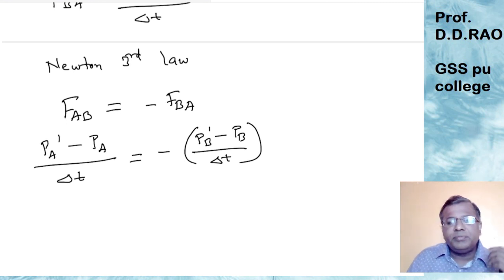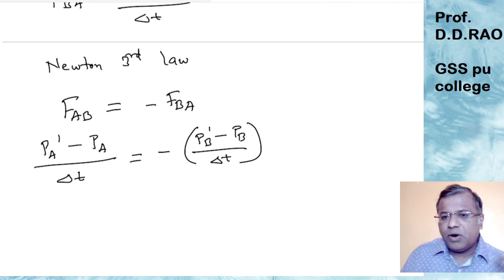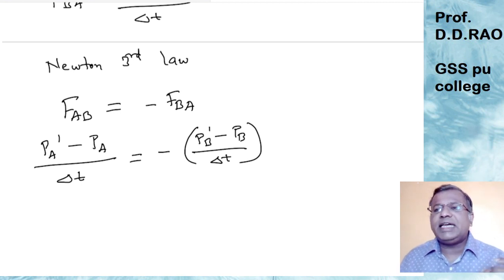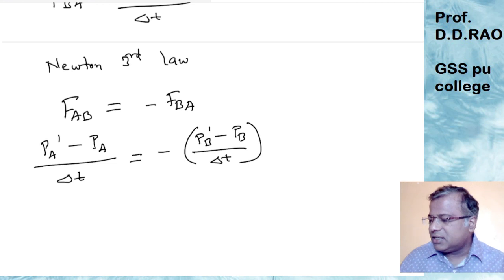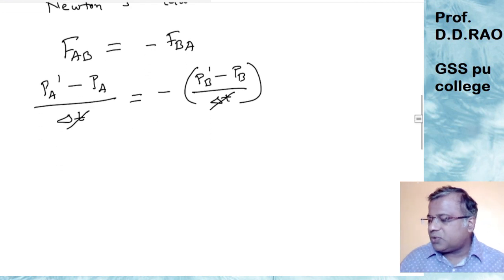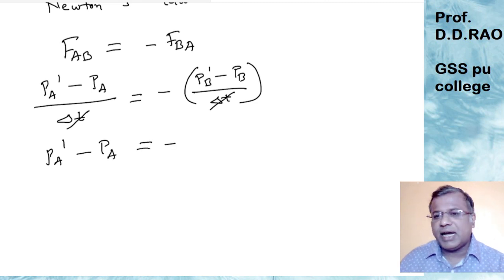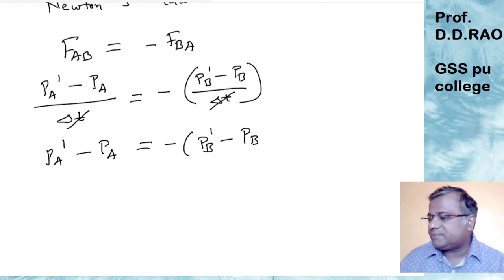Whenever two objects interact with each other, the time of collision is the same. The time A collided with B, the same time B also collides with A. So delta t remains the same and we can cancel it, and we get the equation PA dash minus PA is equal to minus of PB dash minus PB.